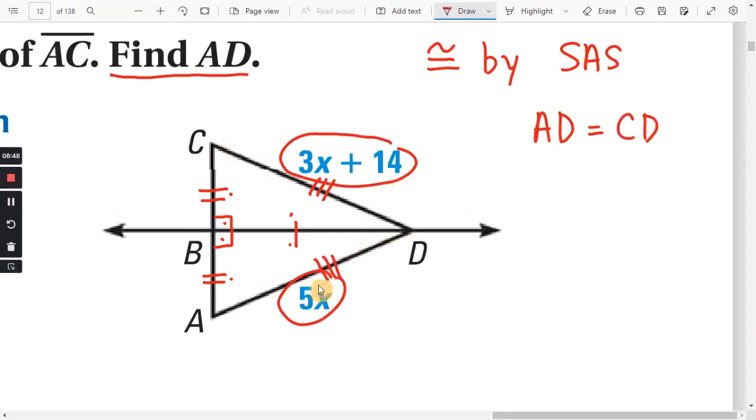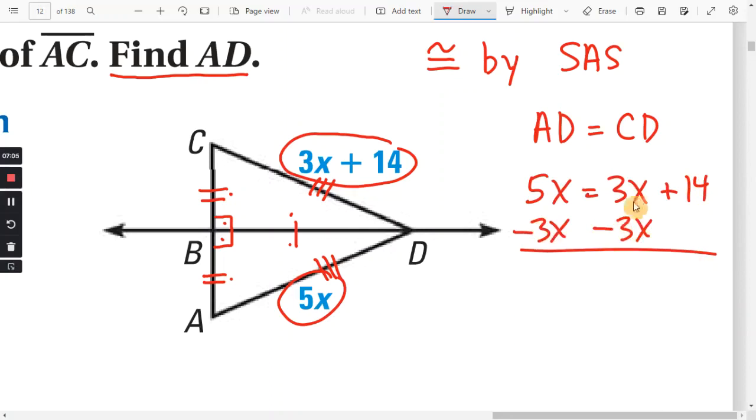AD is 5x and CD is 3x plus 14. Subtracting 3x from both sides, the 3x's cancel. 5 minus 3 is 2, and bring down your 14. Dividing both by 2, x equals 7.